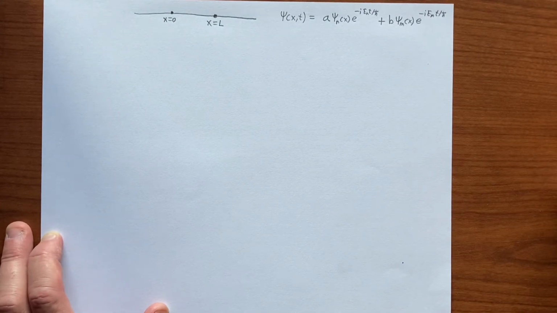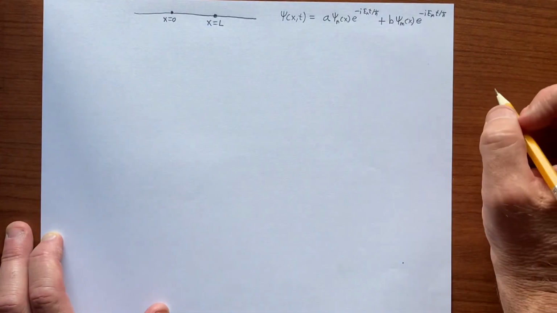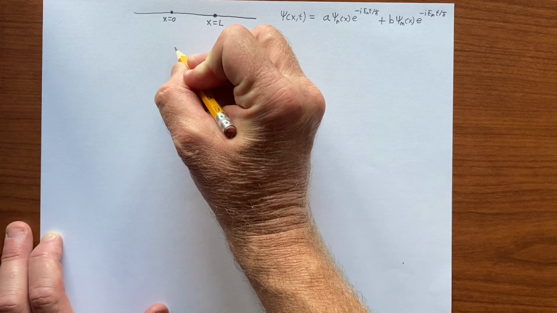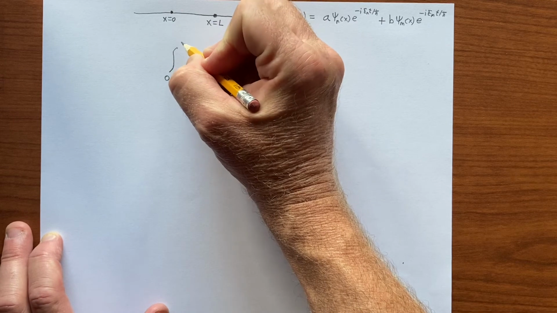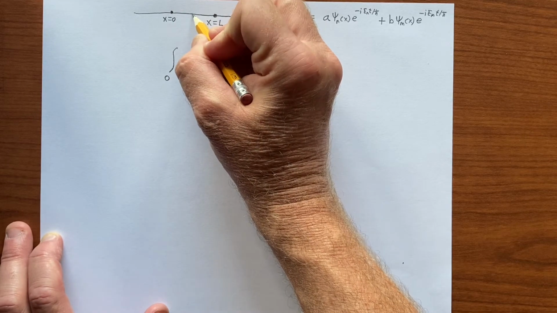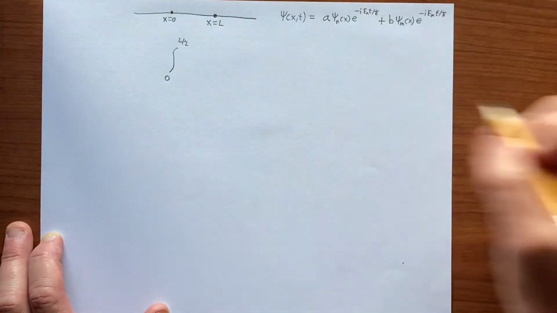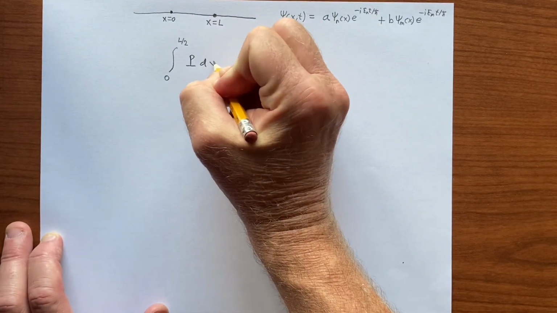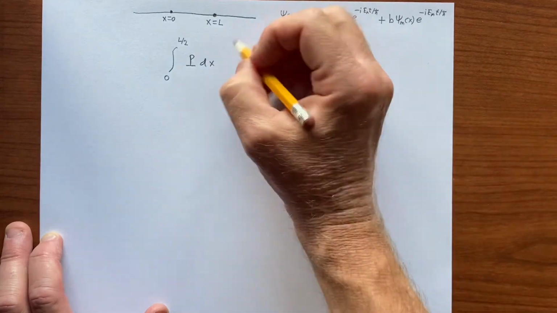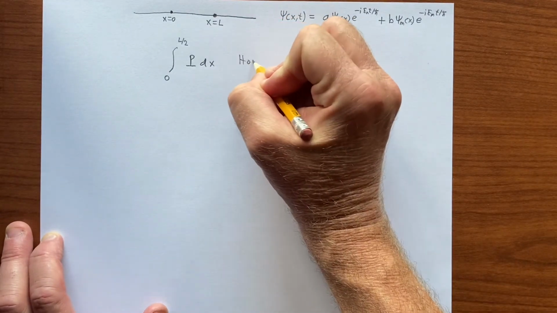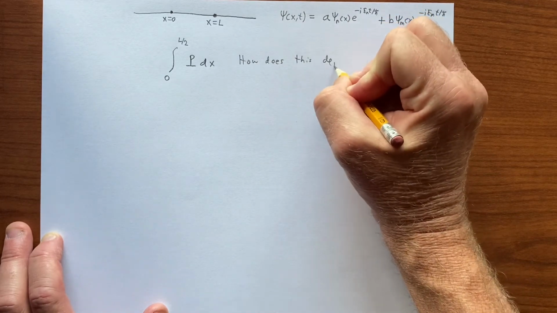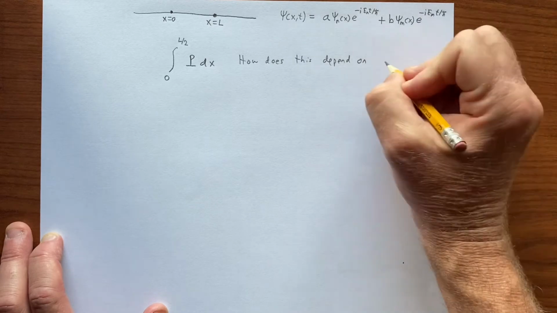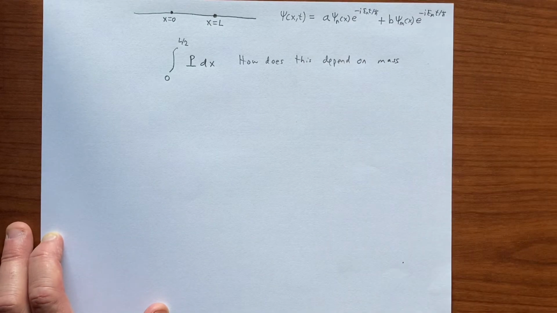And we want to ask, how does the probability, let's say, of finding the particle between 0 and L over 2, so we're integrating the probability density, how does this depend on the mass of the particle?